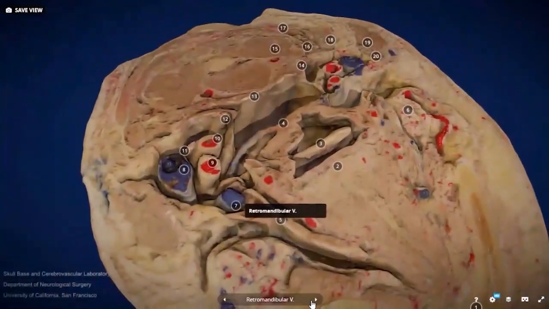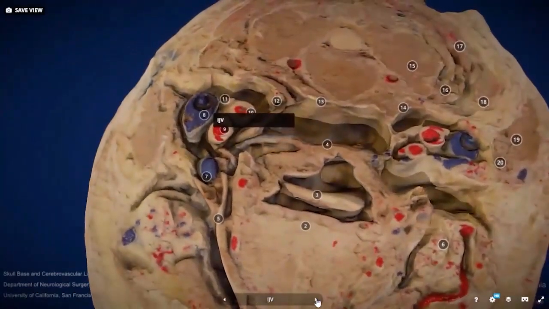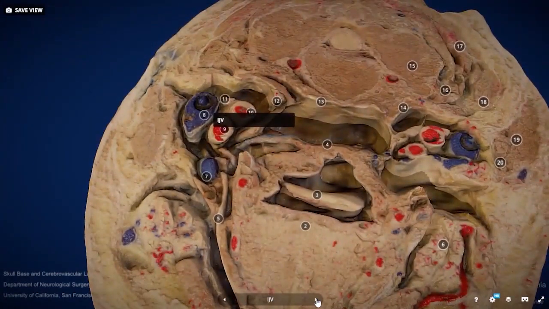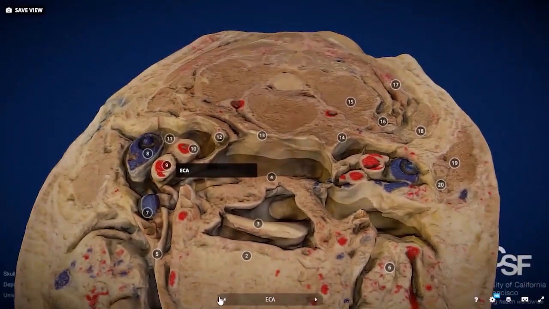And again, just posteriorly, we're going to start identifying vessels with a big caliber, starting with the retromandibular vein, which is a direct branch of the jugular vein. We see the internal jugular vein laterally.